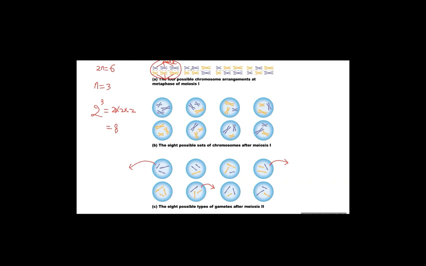They have freedom. They independently assort from each other. So this kind of shuffling of homologous chromosomes, just changing the chromosome position, creates novel combinations of chromosomes.